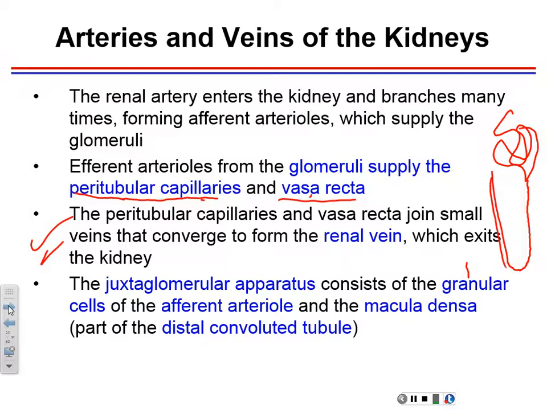They form a loop like this. And then the loop of Henle comes down like that, and the vasa recta go like that. Join, join, join, join. Okay, and this here is the capillary side, and this is the venous side.